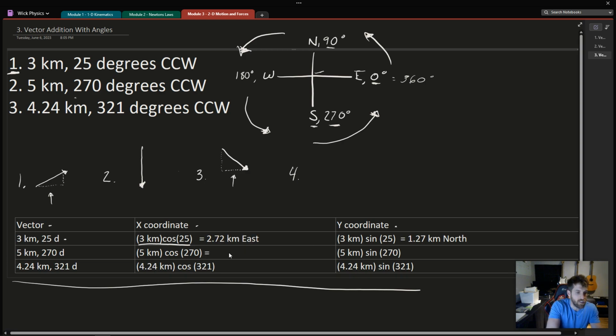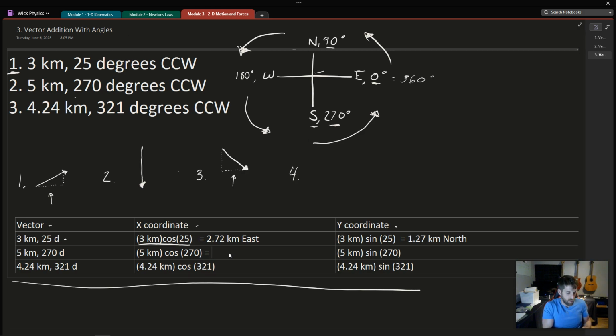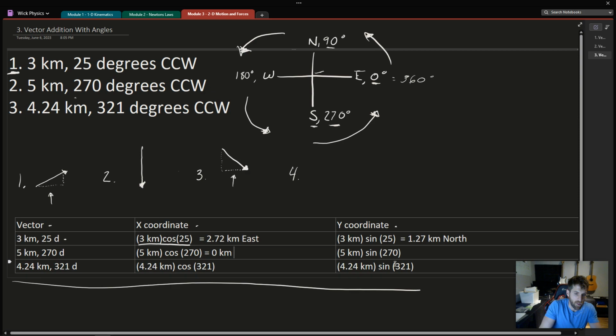So now let's start crushing through these arrows here. We have 5 cos 270. And as you can see here, this is actually 0 kilometers. Because this is our x coordinate, we really don't need to write east or west there because it's just 0. There is no direction to it.